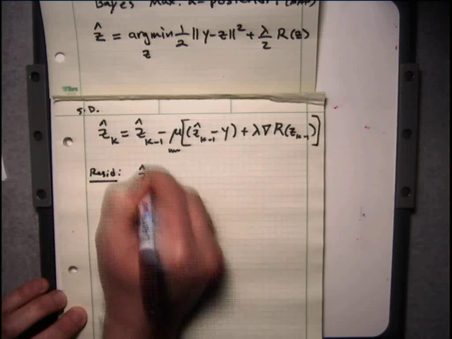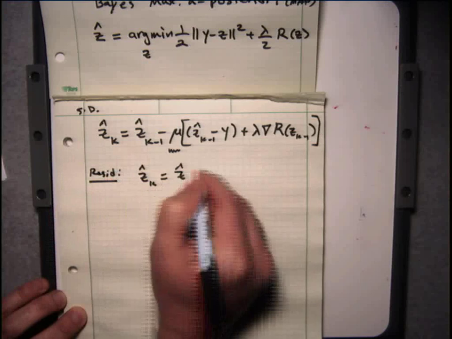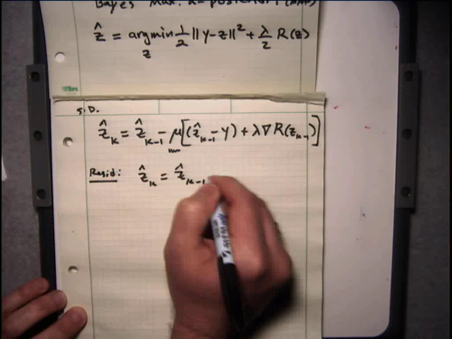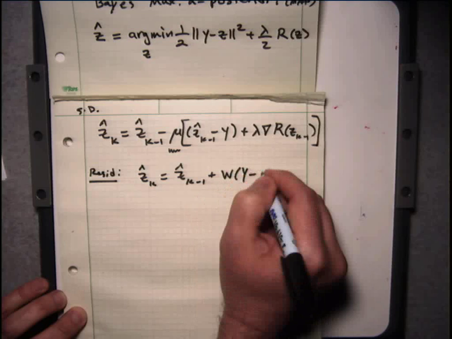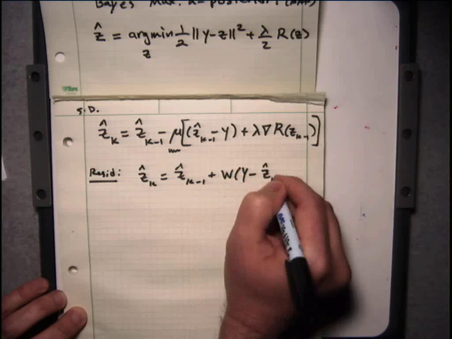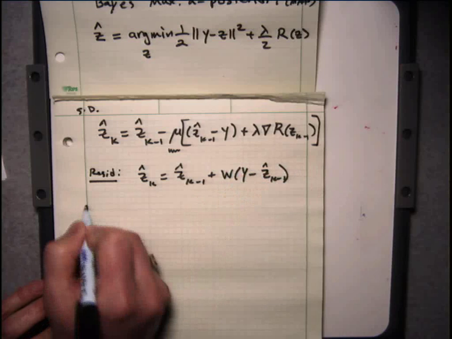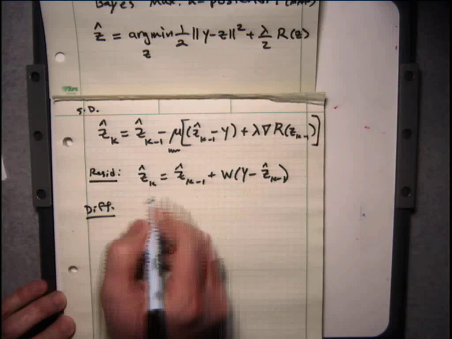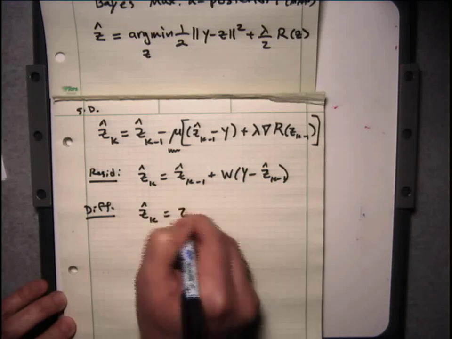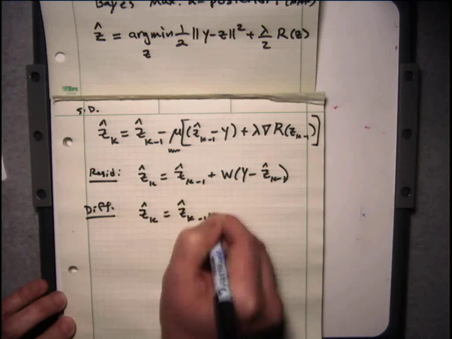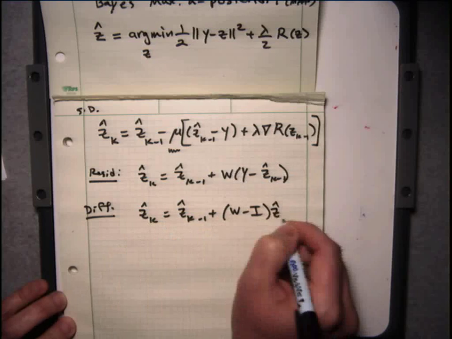That was z hat k equals z hat k minus 1 plus w times y minus z hat k minus 1, right? And the diffusion iteration is z hat k equals z hat k minus 1 plus w minus identity z hat k minus 1.